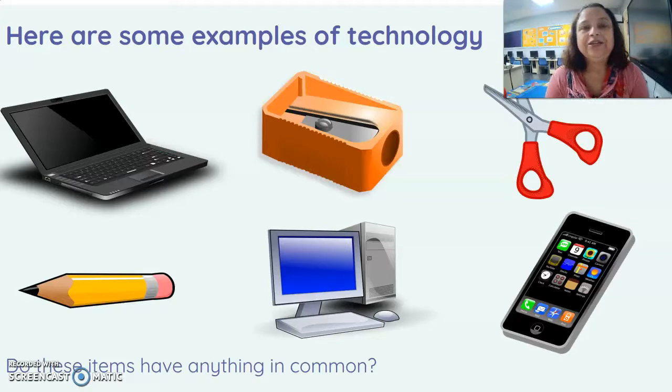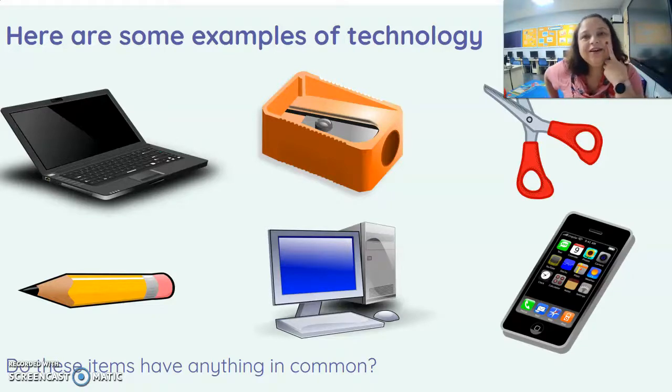So we have the examples of technology, and what is in common about them? What are they all similar in? They all are done by someone. They are created by man.